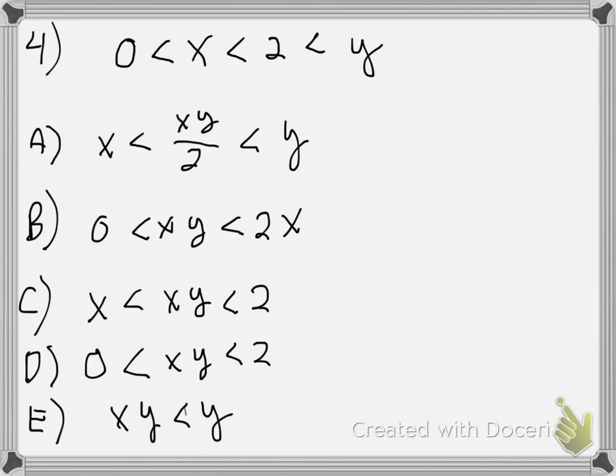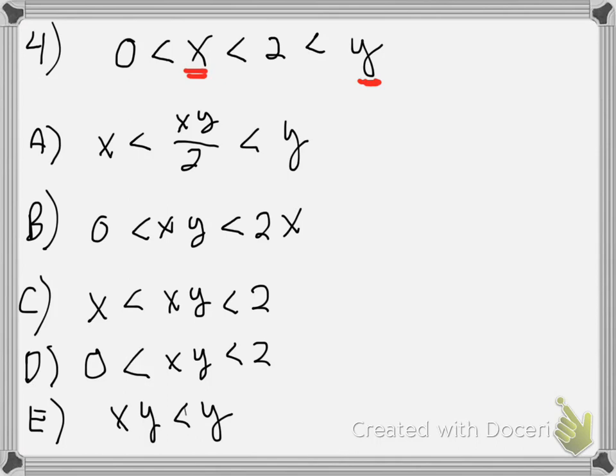X and y, both of the variables here. Now, if x is between 0 and 2, that means that x could be a fraction, or it could be something like 1.9. And they're telling us that y is greater than 2. Okay, so y could be 456,000.